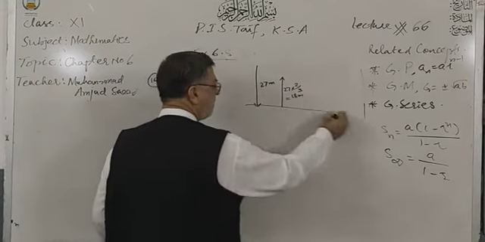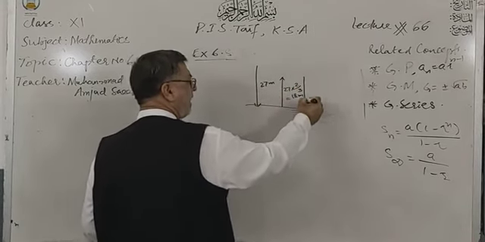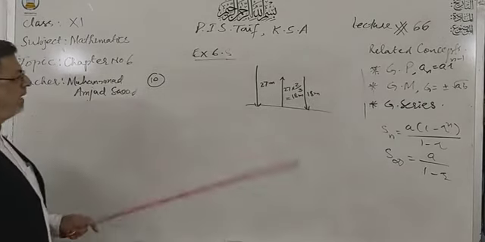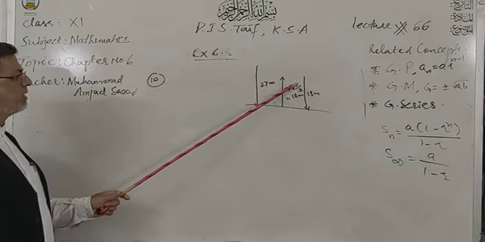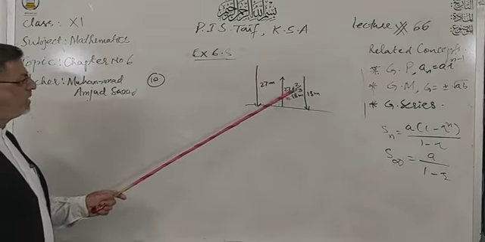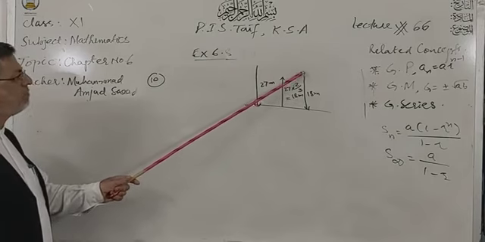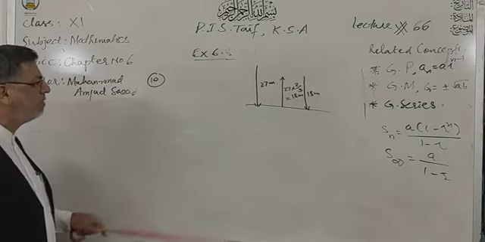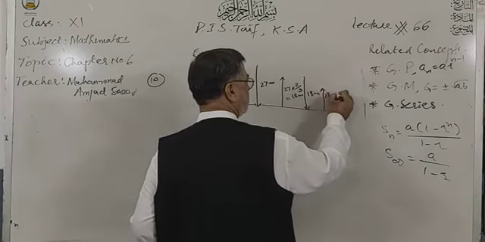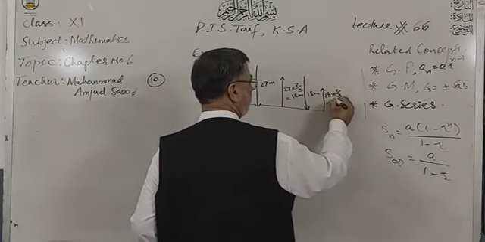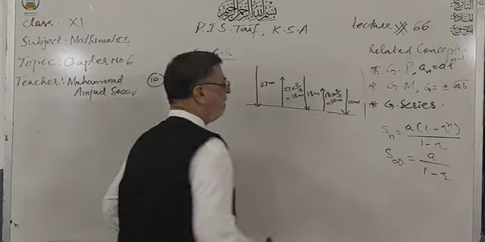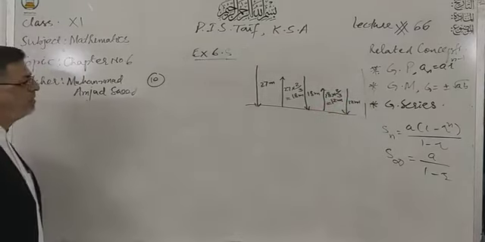Now 18 meters is for going up, and coming back this is again 18 meters. It rebounds two-thirds of the previous distance, and from the same height it comes down and again it rebounds 2 by 3rd of the previous distance. That will be 12 meters, and similarly it will have 12 meters for coming down.